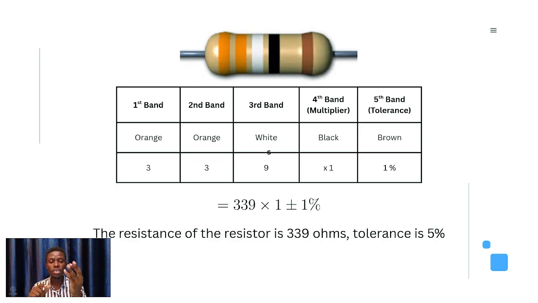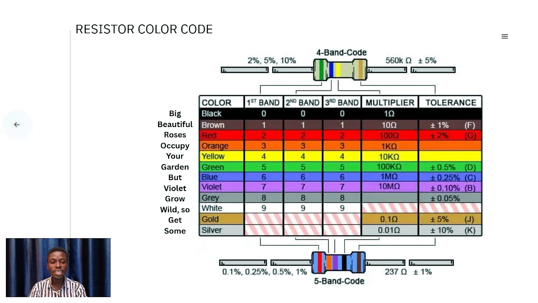Black is 0. So it will be 10 raised to 0, and 10 raised to 0 is 1. So that's the cheat code. So by the time you do the multiplication, it will be 339 multiplied by 1, which is also 339 ohms. Now the tolerance color is brown, and the tolerance value for brown is 1%.